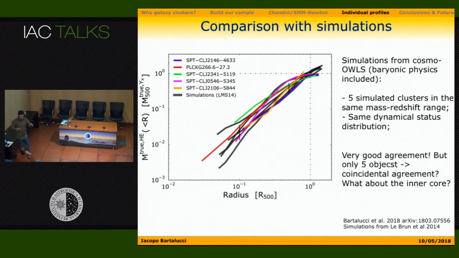We directly get all the very nice profiles from the simulations, and then we try to mock a bit what we do in X-ray. So we got the pressure profile from the simulation at full resolution, and then we apply the hydrostatic equilibrium. We didn't start from a mock observation, but we tried to mock the X-ray techniques that we used.